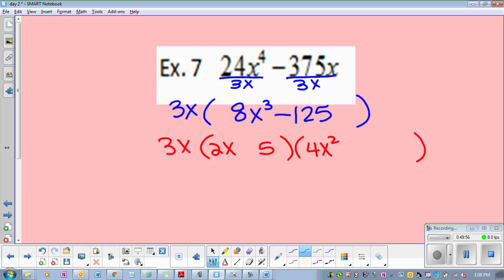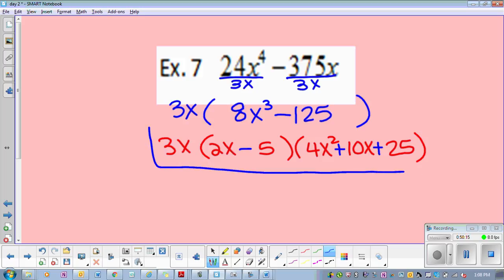What's this times that? What's 2x times what? 10x. And what's the last term? 25. So my signs: minus, plus, plus. Good. Same, opposite, always plus. Is that it? All right, so I have a couple problems for you.